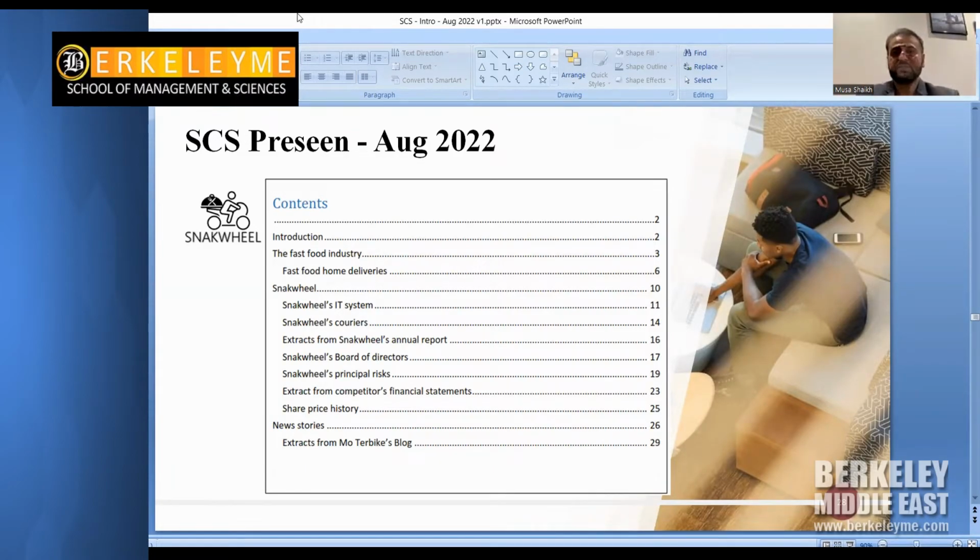So it's a very interesting pre-seen, a very interesting industry, and very easy calculations. Not calculations, I mean analysis, because food is something that we always consume. If you are in UAE, you use Talabat or Zomato. If you're in Saudi Arabia, you use Noon or others, Amazon, Uber Eats.